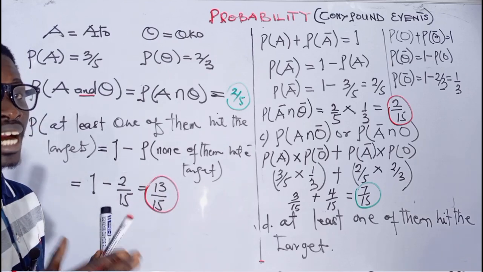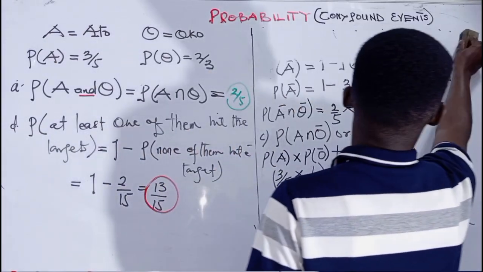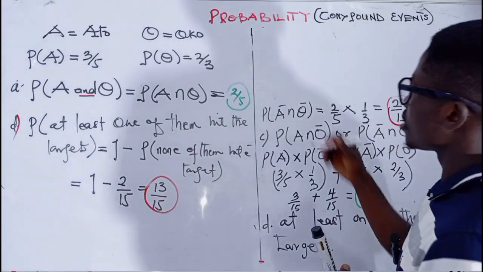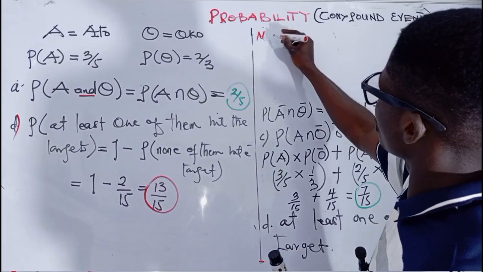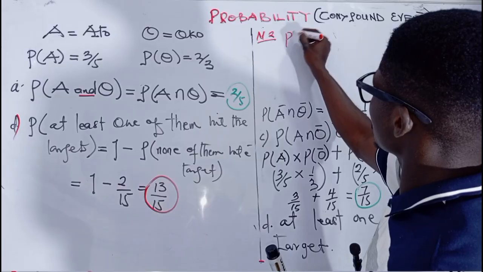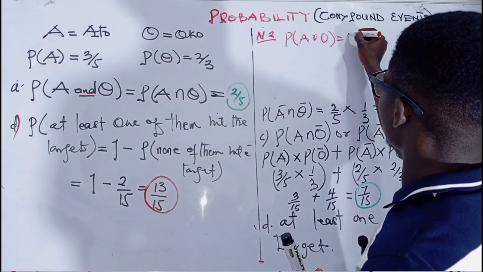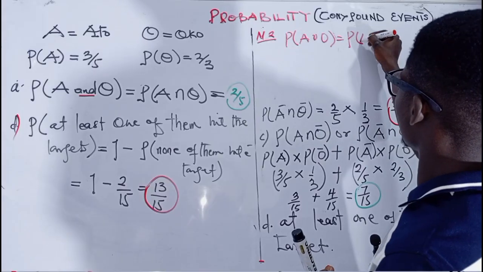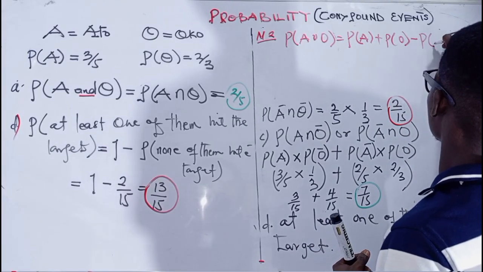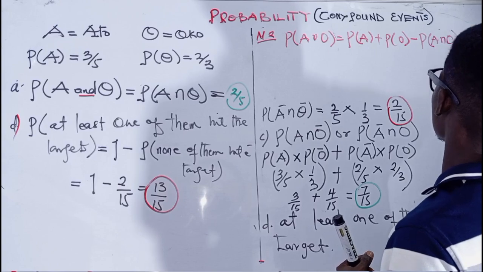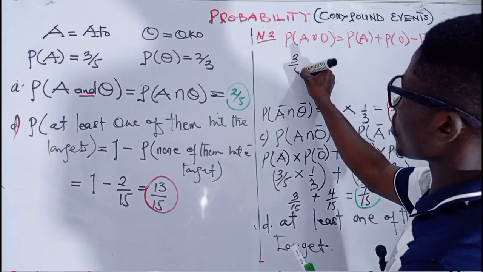Let's use the addition law. With the addition law, we have method 2. The probability that Ato hit the target union Oko hitting the target will be given as probability of A plus probability of O minus probability of A intersection O. Ato hitting the target, we had 3 over 5.